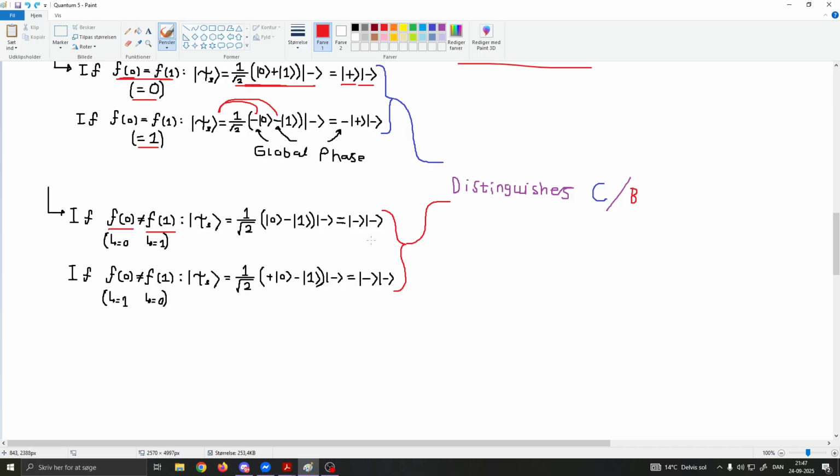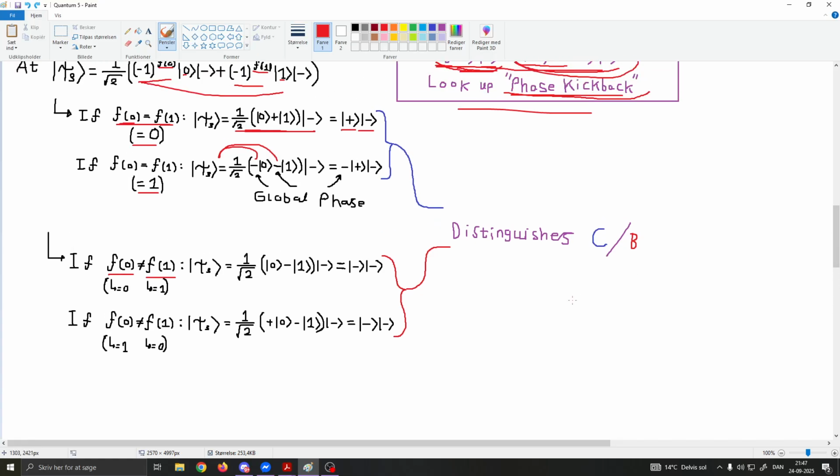So in effect, we get the same result regardless of if it's 0 to 0, 1 to 1, or 0 to 1, 1 to 0. But the important distinguishability that we can notice is that when the function is constant, it gives a measurable difference from when the function is balanced.